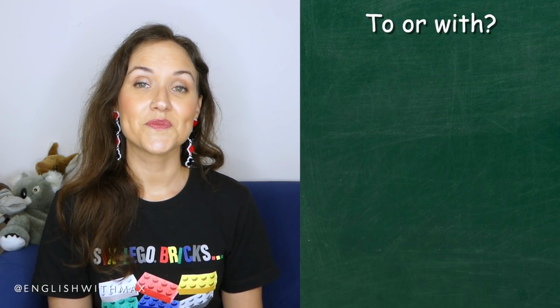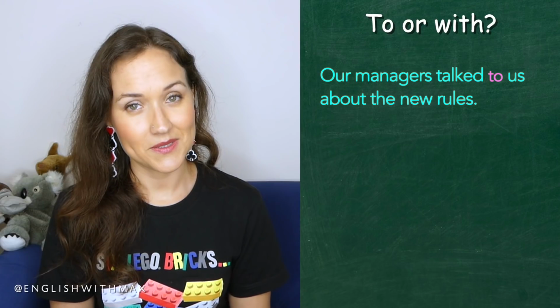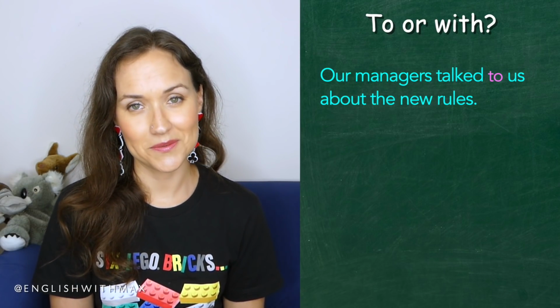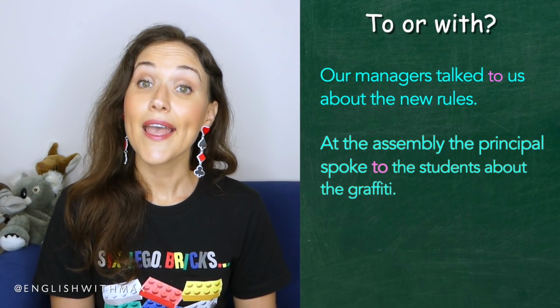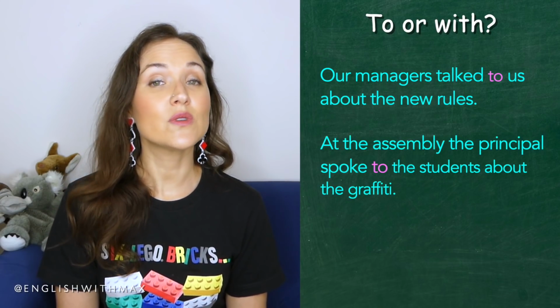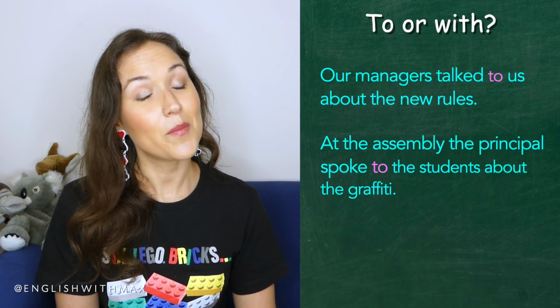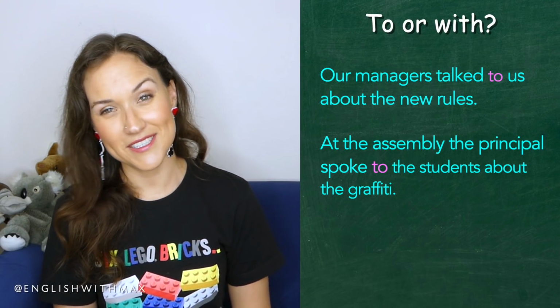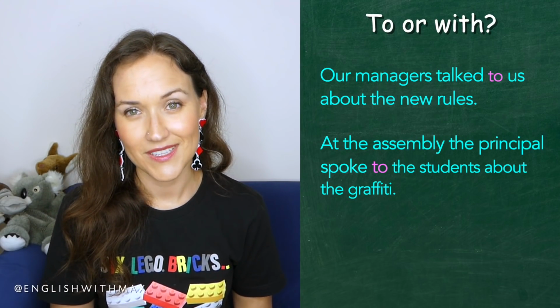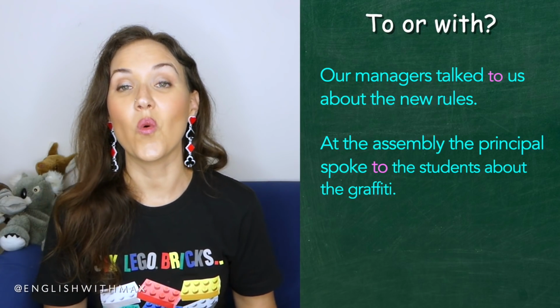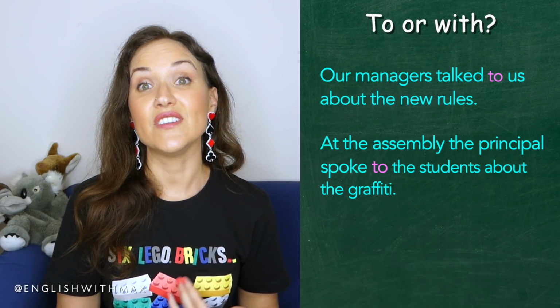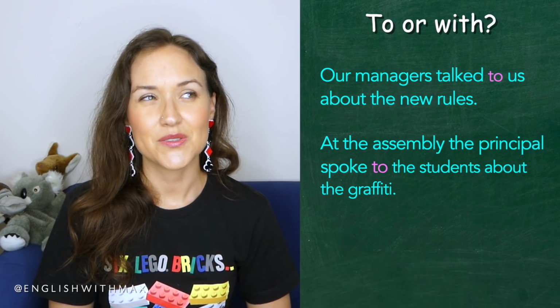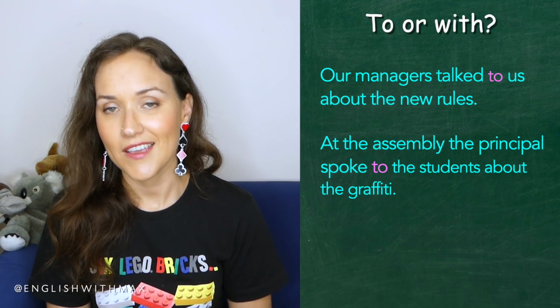For example, our managers talked to us about the new rules. At the assembly, the principal spoke to the students about the graffiti. In these situations, there probably isn't an exchange. There's just a person or a group of people giving information. So we wouldn't use with here.